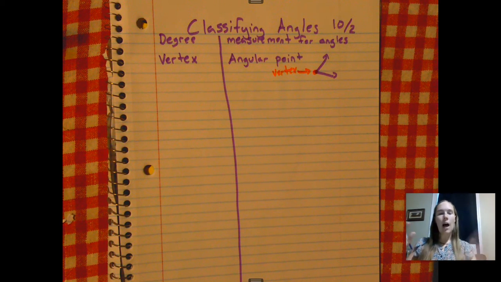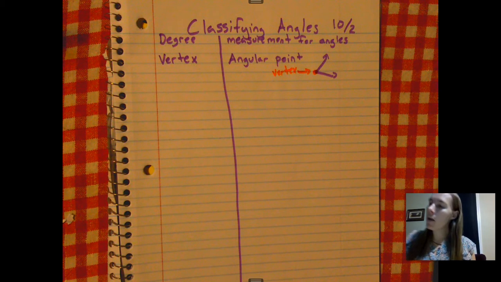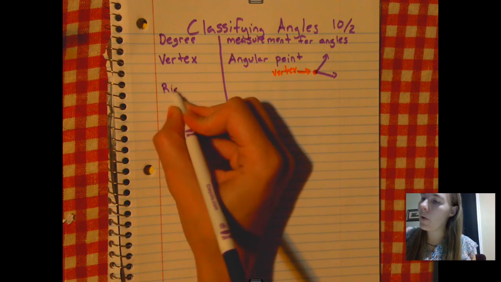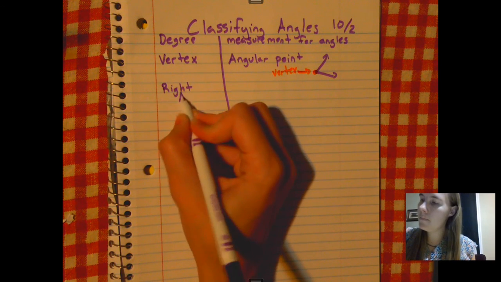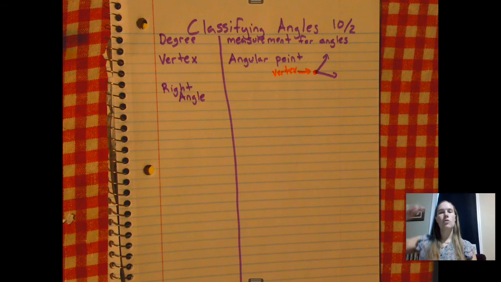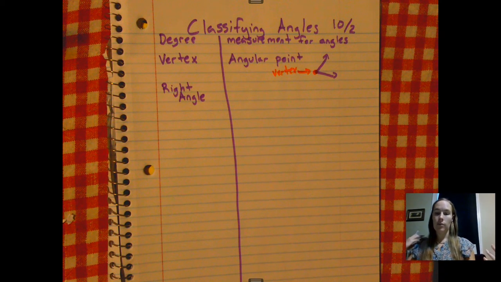The next couple of things you might have heard before, but I just want to make sure that we're reviewing it. So the first thing we're going to talk about is a right angle. And we're going to use degrees for all of these, so we're very exact in our talking about classifying angles.